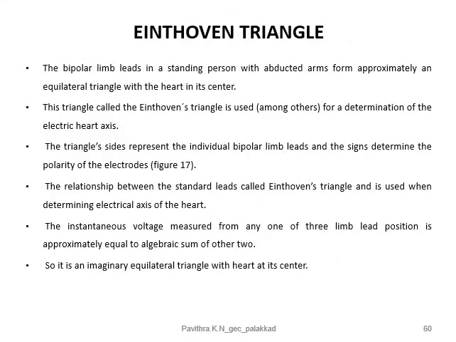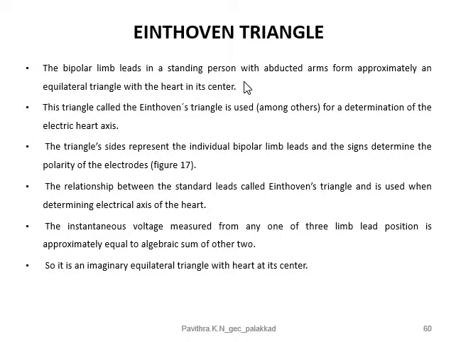Now let us move on to the concept of Einthoven's triangle. This is a concept that is used to connect all the 6 electrodes. Both the bipolar and unipolar leads are connected by the concept of how they are interrelated and how they are interdependent, and all this can be obtained by observing the Einthoven triangle.